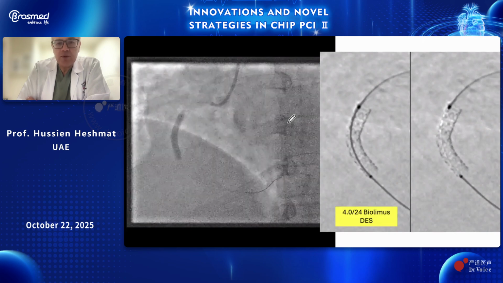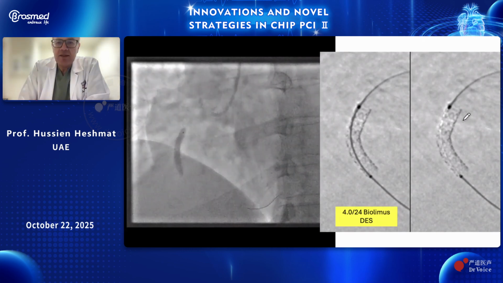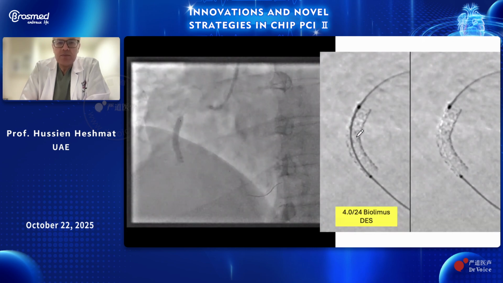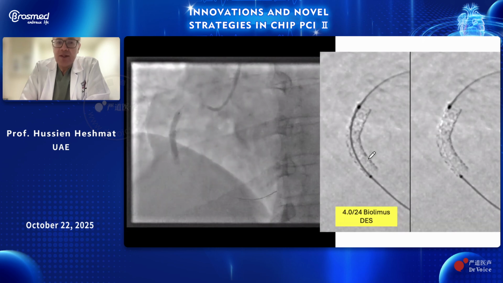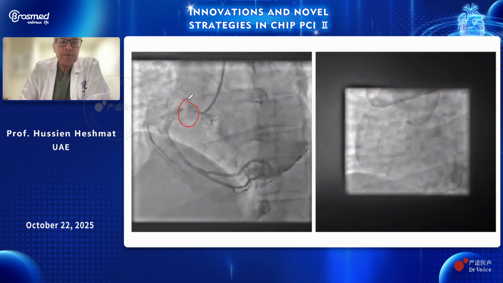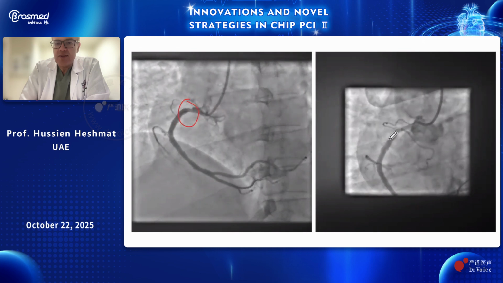We chose a 4.0 Biolimus drug-eluting stent, and with the stent enhancement tool, we confirmed that the stent is properly expanded in the lesion. Then looking at the control angiogram, the RCA showed more disease than just the stented lesion.